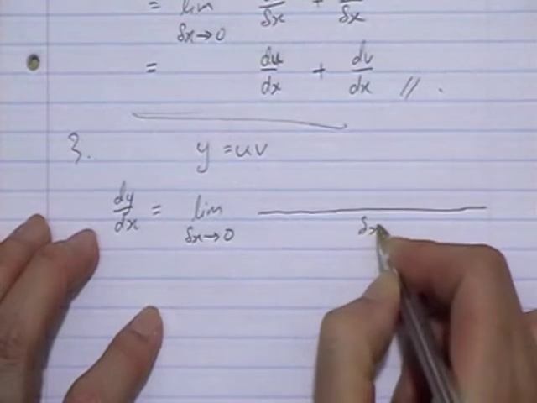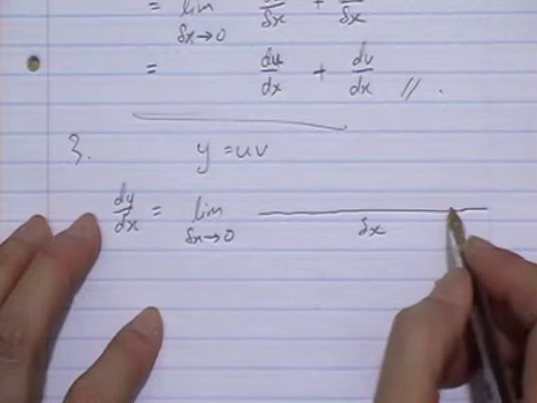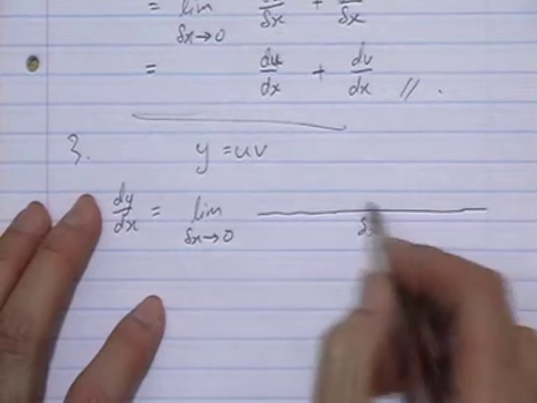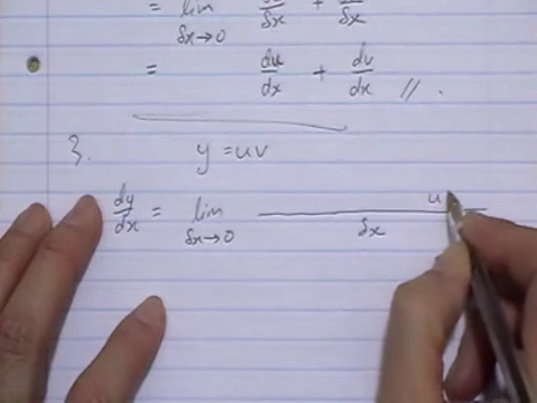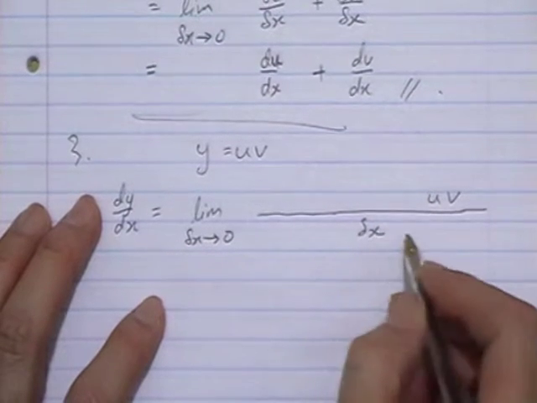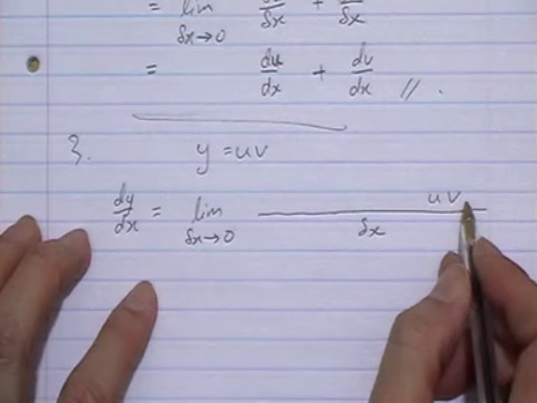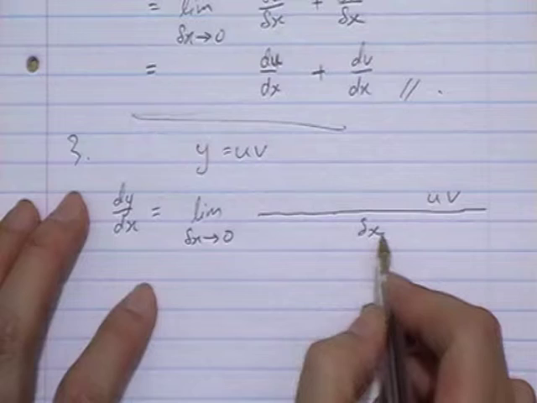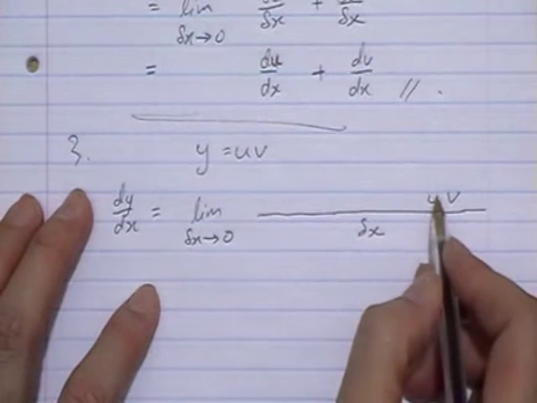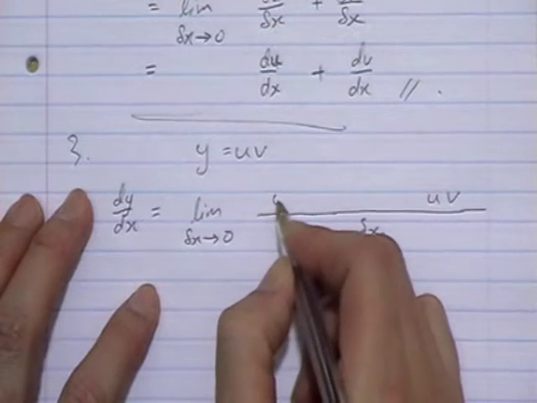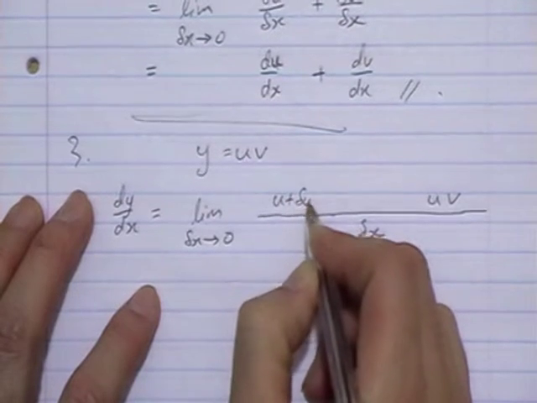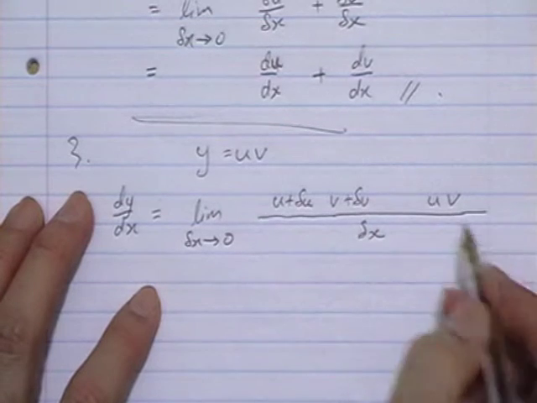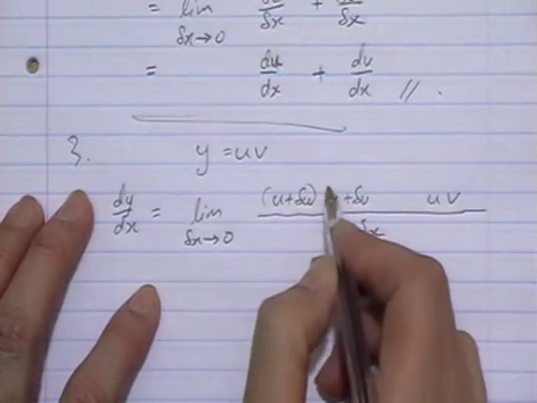At the bottom we have delta x. On the top, before x increases, uv is just uv. They are both functions of x itself. After x has increased by delta x, u would increase by delta u, v would increase by delta v. So uv now becomes this times this.